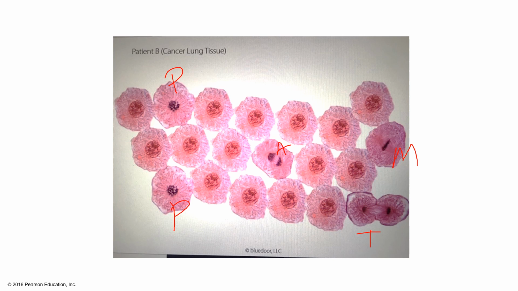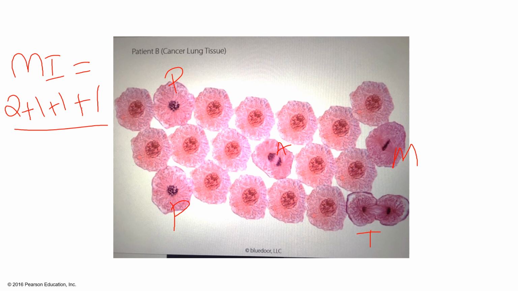So to calculate your mitotic index, what you would want to do is start adding up the stages that you've seen. So I see 2 in prophase, right? I see 1 in anaphase. I see 1 in metaphase, and I see 1 in telophase. Okay, and then you divide by the total number of cells.